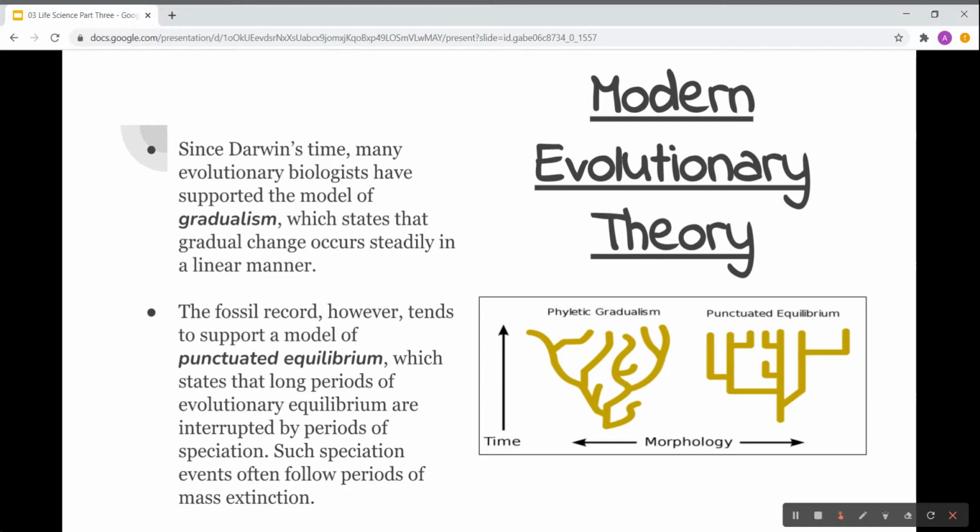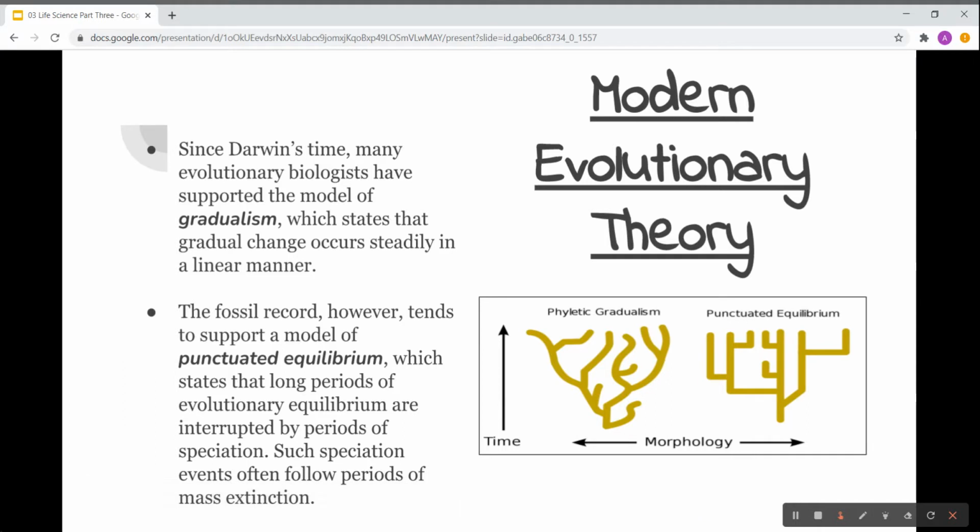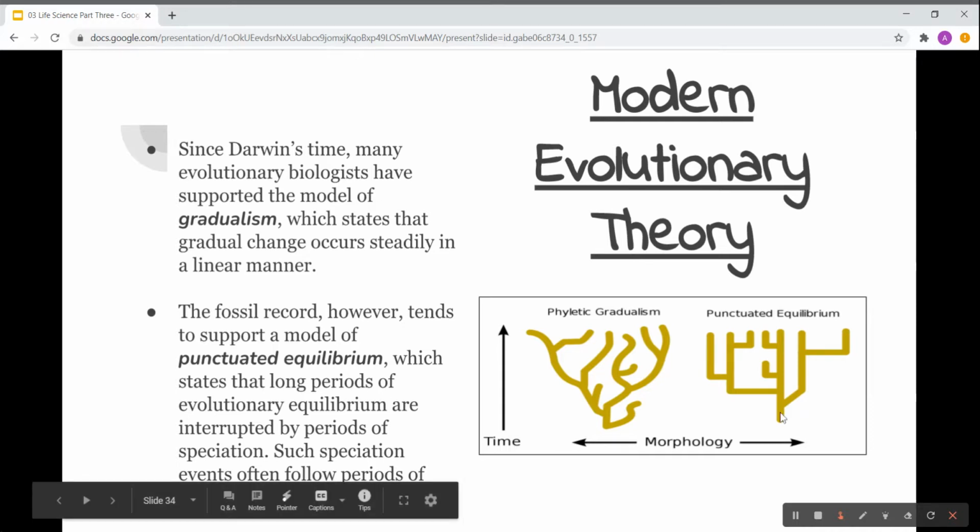The fossil record, however, supports the model of punctuated equilibrium, which is the idea that evolutionary equilibrium is interrupted by periods of speciation. Speciation events often follow periods of mass extinction. So here, big change, big branch.